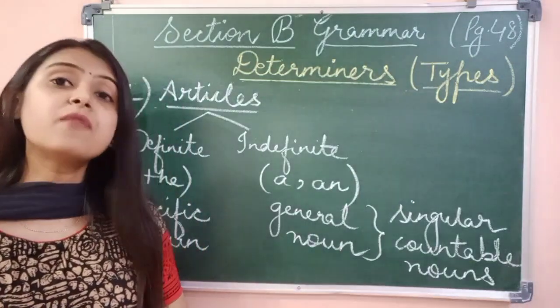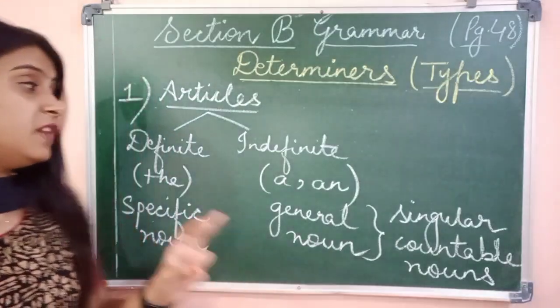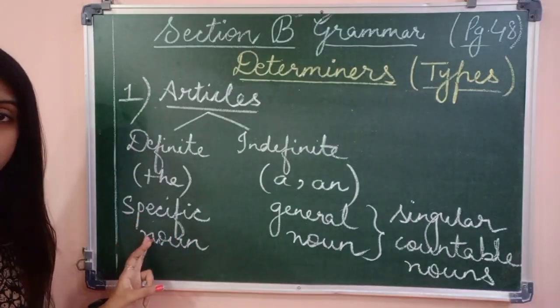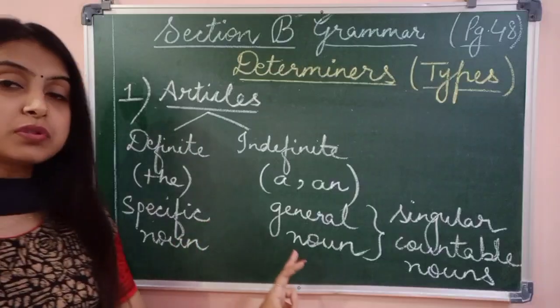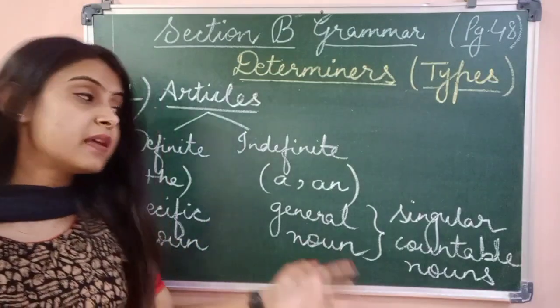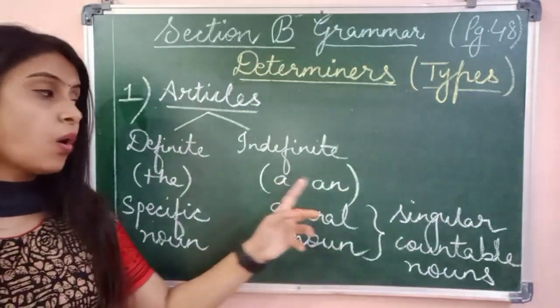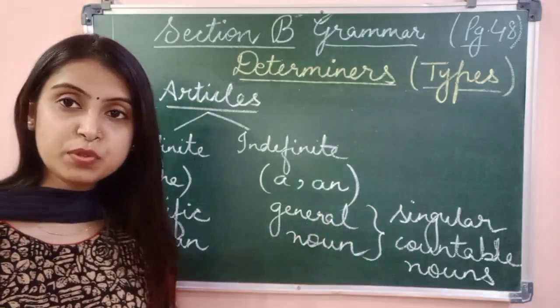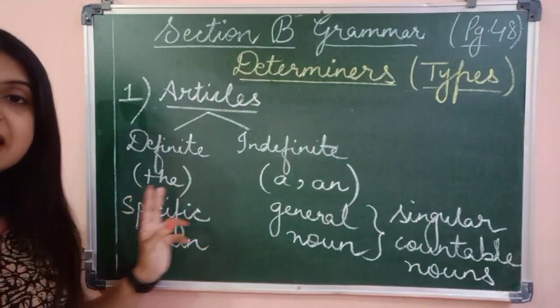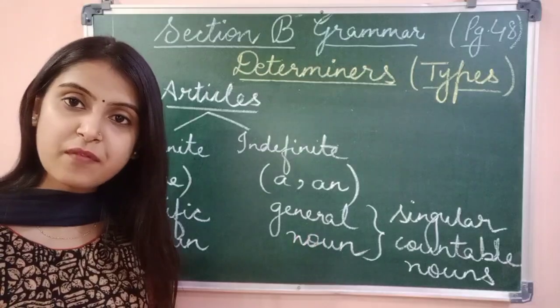So whenever we specify the noun, we use the article the. And when we talk about some noun in a general sense, we use a or an. I hope the difference between definite article and indefinite article is clear to everyone.